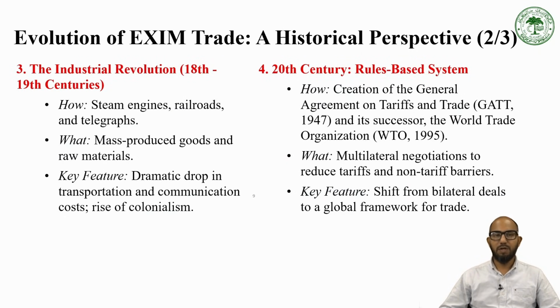Another historical perspective relates to the 20th century, wherein we found out the rules based system. In this century, institutions started to emerge and started to coordinate between different countries to develop a rule based system where every country can trade based on certain rules and regulations that are agreed upon.